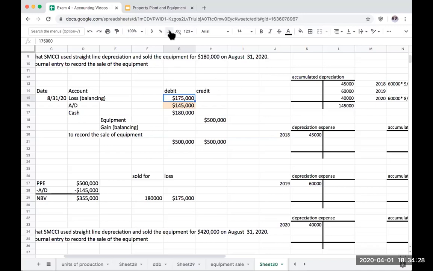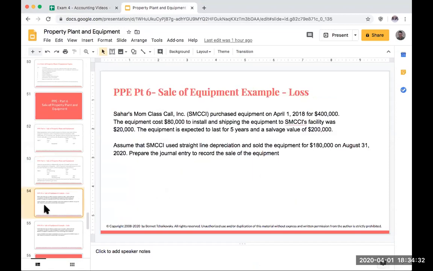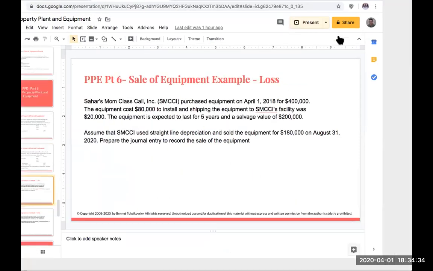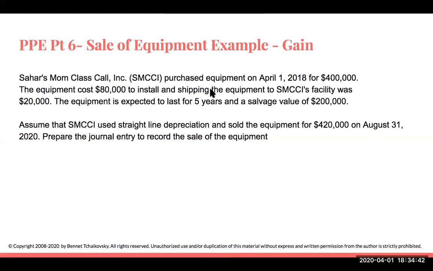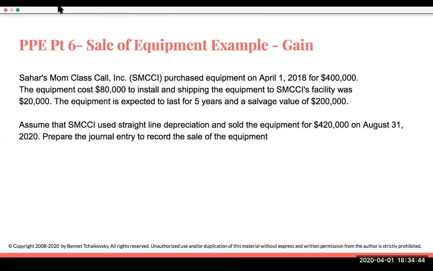Okay. Let's now take a look at this question from a gain perspective. So I got right over here. And we'll go down one more for the gain. Same situation, but now I'm going through and selling it for 420,000.